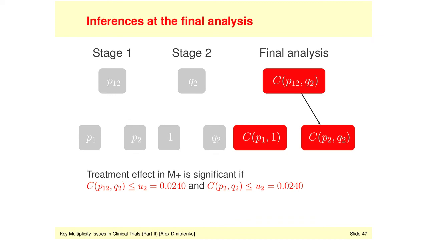We have seen those conditions before. Those conditions simply indicate to us that the p-value corresponding to the intersection hypothesis H1 is significant at the adjusted level, and also the p-value which corresponds to the hypothesis H2 within the biomarker positive subpopulation is also significant at the same level. We are done with the adaptive population selection design for example 5, and we are ready for a summary.